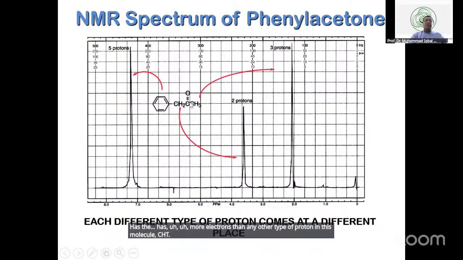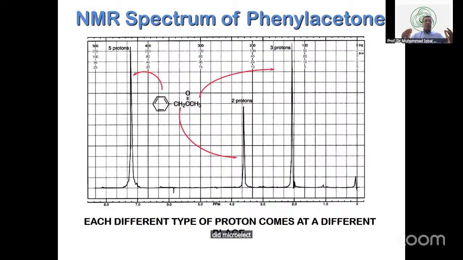CH2 is between carbonyl and phenyl, so this is more downfield, and you get a signal here. So that tells you their microelectronic environment, and that helps you to elucidate the structure of the molecule.